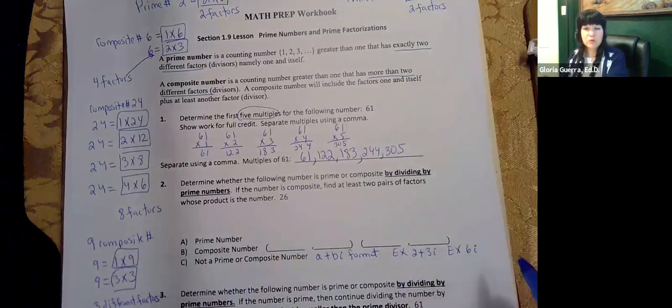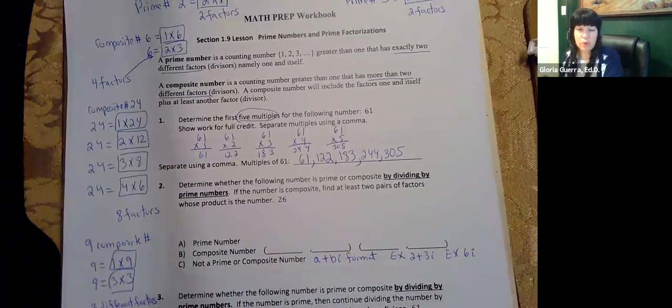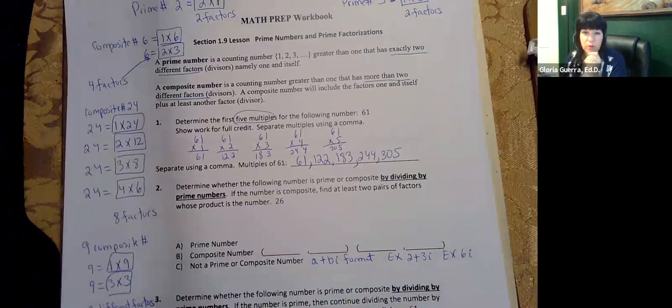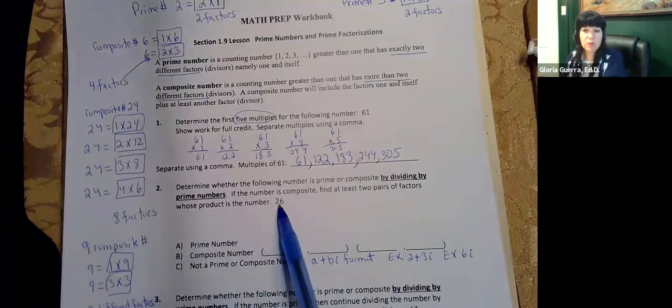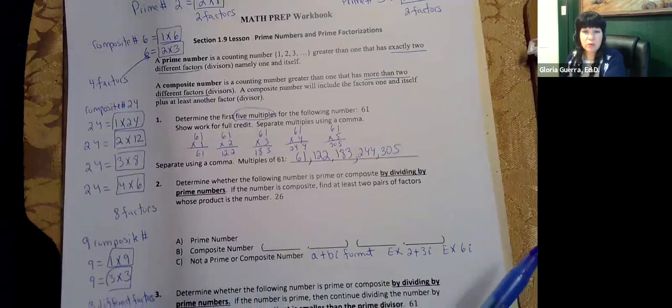Those are not prime nor composite. Only real numbers are prime and composite. So you shouldn't have to choose C. You should always be given a real number. Like 26 is real, 61 right here is real.